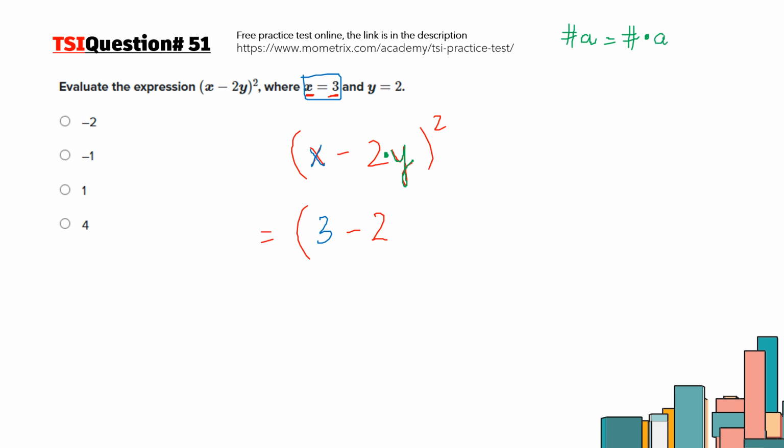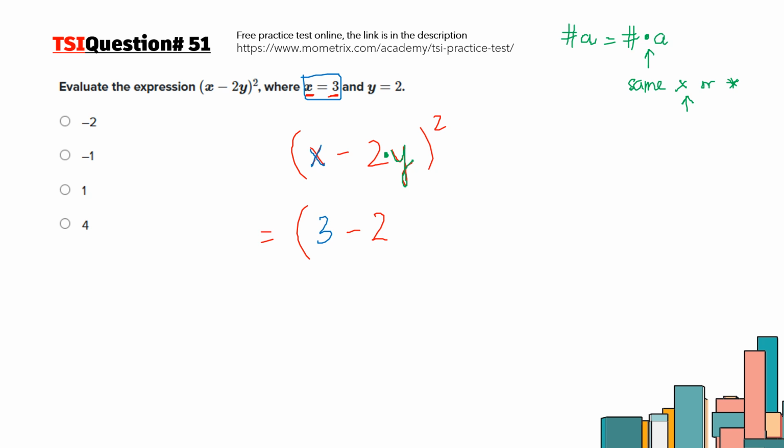You can represent the multiplication with a dot, or with the cross, or the asterisk. We're not using the cross anymore, because it's easy to confuse with the letter x.